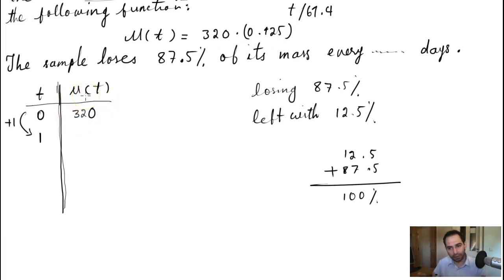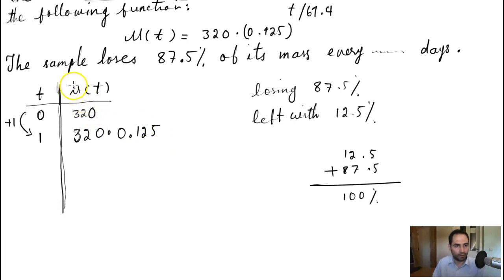You have seen this in all the other examples, that it's the definition of an exponential function: every time you increase your input by 1, your output is multiplied by some factor. For example, in this case, every time you increase your input, your output is multiplied by 0.125.